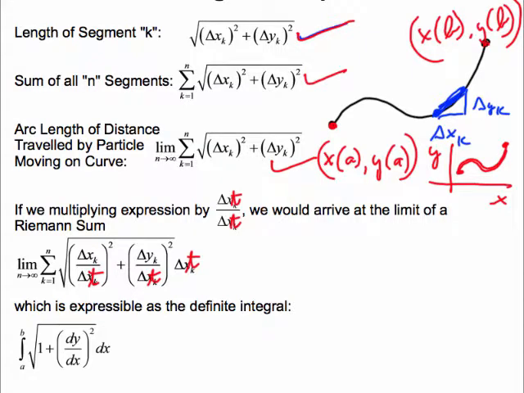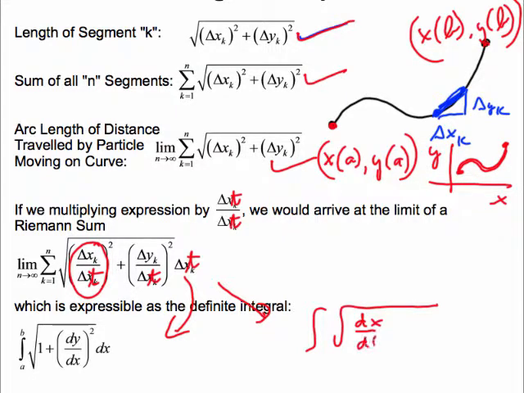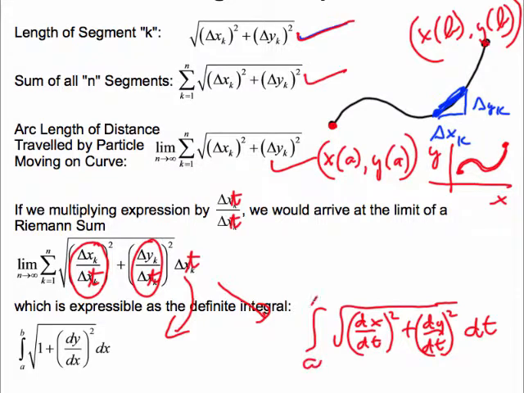And so we still have the limit of a Riemann sum, but since it's with respect to time now, it means that our formula will be, well, this won't be 1, this will be dx/dt as change in t goes to 0, and this will be dy/dt. And it's all with respect to t as t goes from a to b.